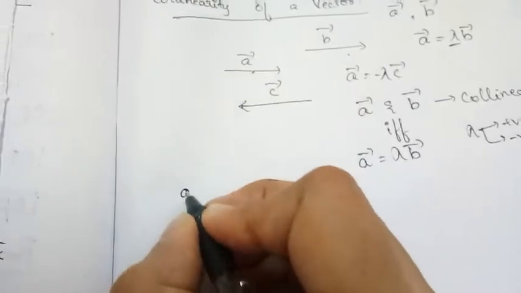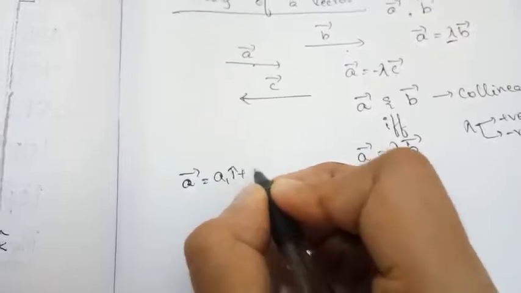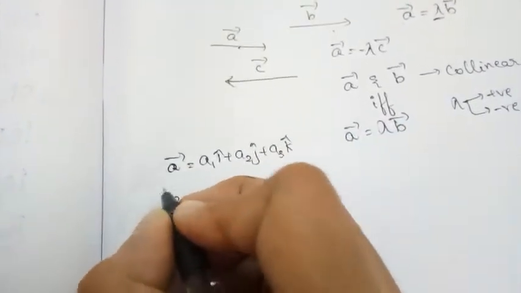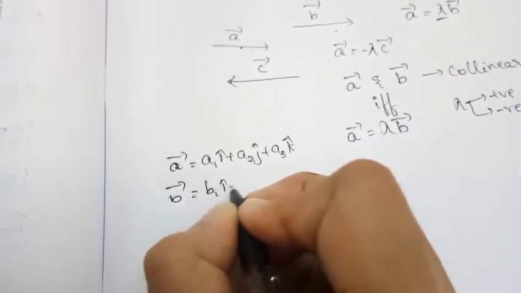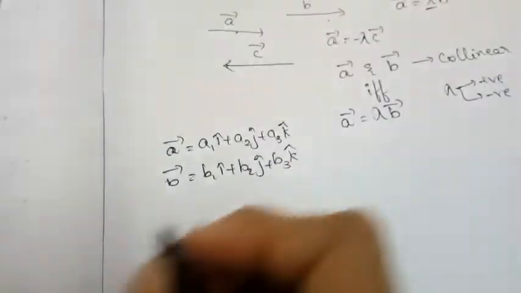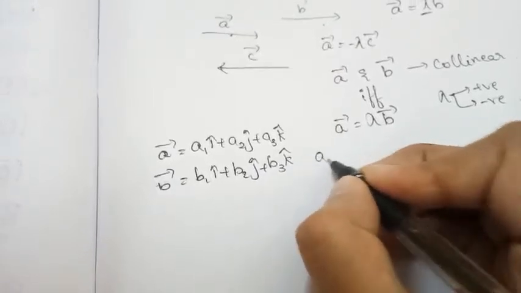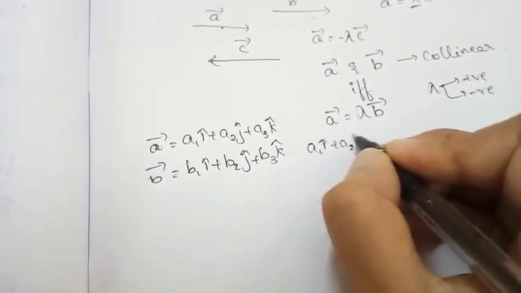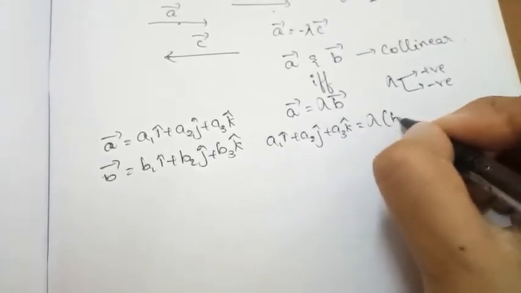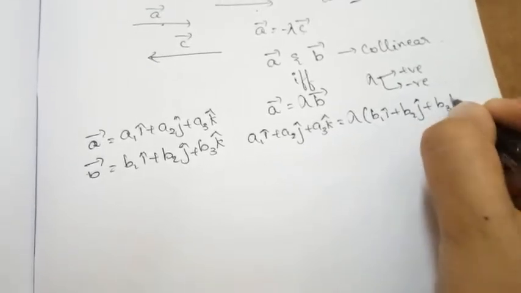Suppose I write vector A in its component form, that is a1 i cap plus a2 j cap plus a3 k cap, and vector B with its components, that is b1 i cap plus b2 j cap plus b3 k cap. Substituting the component form here, a1 i cap plus a2 j cap plus a3 k cap is equal to some lambda times b1 i cap plus b2 j cap plus b3 k cap.